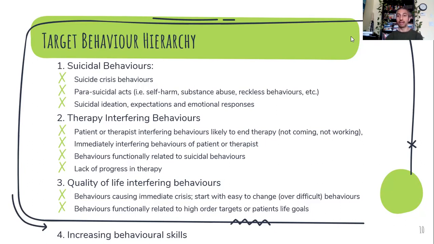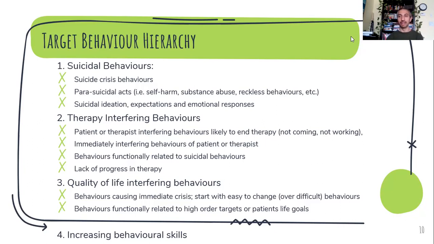So things like not coming to sessions, not doing the homework, coming in late, becoming willful, believing that they don't need to do the homework anymore, if they're not making progress in the therapy, if there's behaviors that are functionally related to the suicidal behavior.